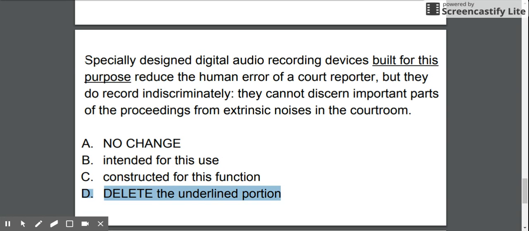But if I look even closer, here I have specially designed digital audio recording devices. Well, if they're specially designed, I already know that they were built for this purpose, intended for this use, constructed for this function. I've already been told that in a different way. That's less wordy. So what I have here is actually a bit of redundancy. So my answer choice is D.